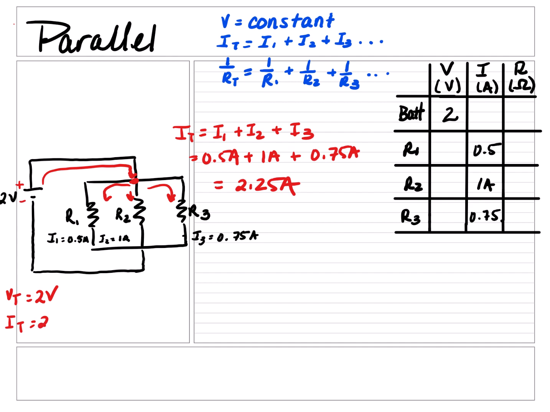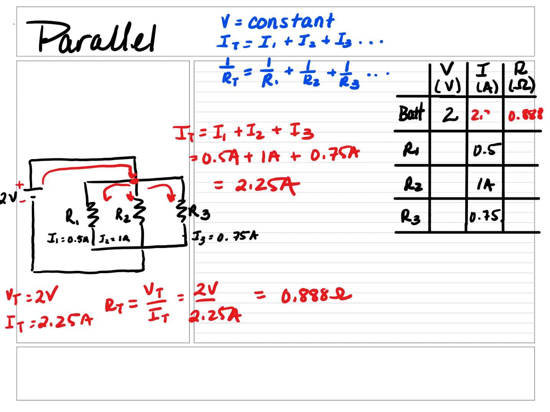I total is equal to 2.25 amps. So R total is equal to V total over I total, which is 2 volts divided by 2.25 amps. This will give you approximately 0.888 ohms. So if I complete the table, it's 0.888, and the current is 2.25.